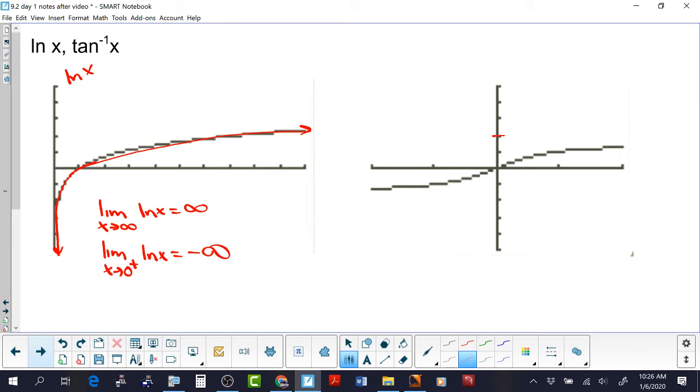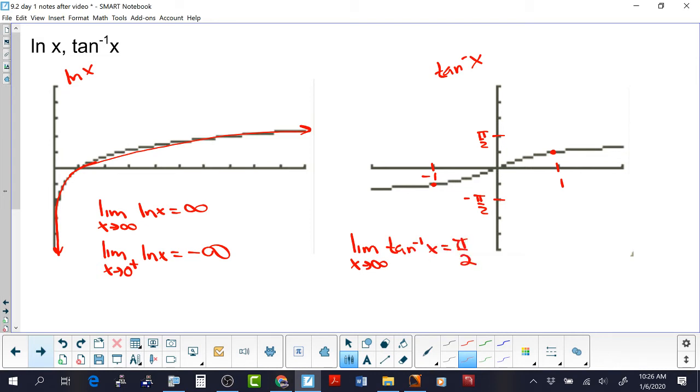Pretty cool, I think. This is inverse tangent. And with inverse functions, you switch x's and y's. So this is the pi over 2's. And over here, that's the 1 and the negative 1, somewhere around there. Now we use this a few times, not a lot, but limit as x approaches infinity of inverse tangent of x is equal to pi over 2.